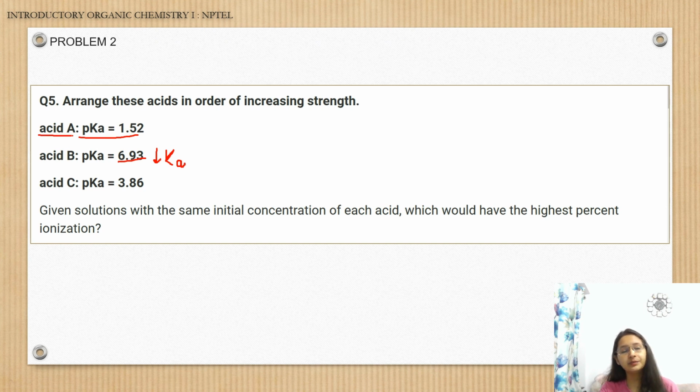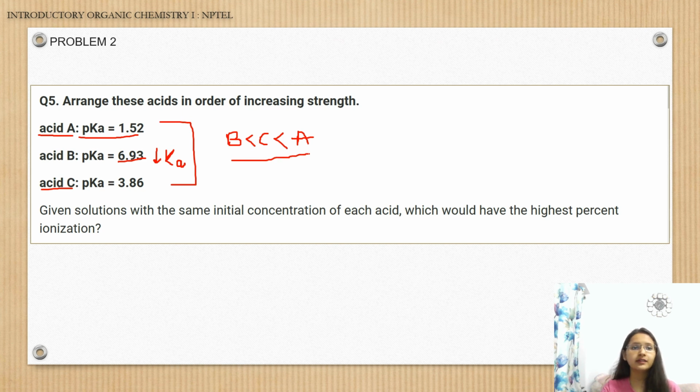So if you are comparing these two, then you can surely say that acid A is higher in strength than acid B. When you compare acid B with acid C, you can say acid C is stronger than acid B, because here the pKa value is lower than the pKa value of acid B. So if you are comparing these three, acid A will be of higher strength than acid C, then acid B. So this will be the decreasing order of acidic character.